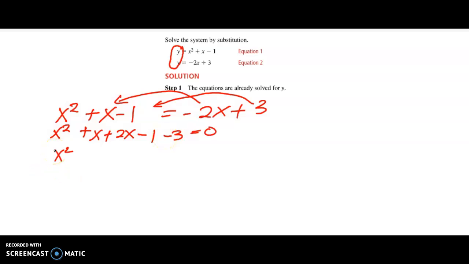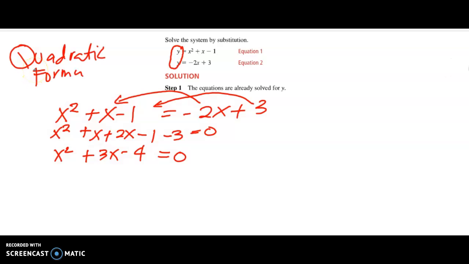Simplifying further, we get x squared plus 3x minus 4 is equal to 0. At this point, you would say, oh, how am I going to solve this? If you recall all the methods for solving equations, and you're not really sure how to proceed, I would say use the quadratic formula because it works for all.